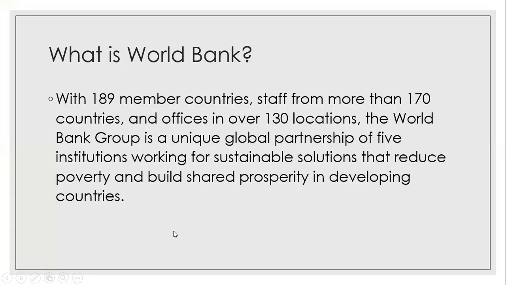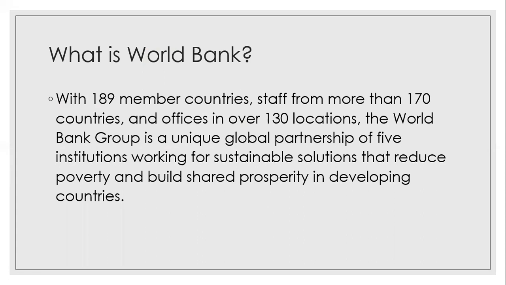Now, what is the World Bank? The World Bank as of now has 189 member countries, and it has staff from more than 170 countries, and it has offices located in over 130 locations in the world.